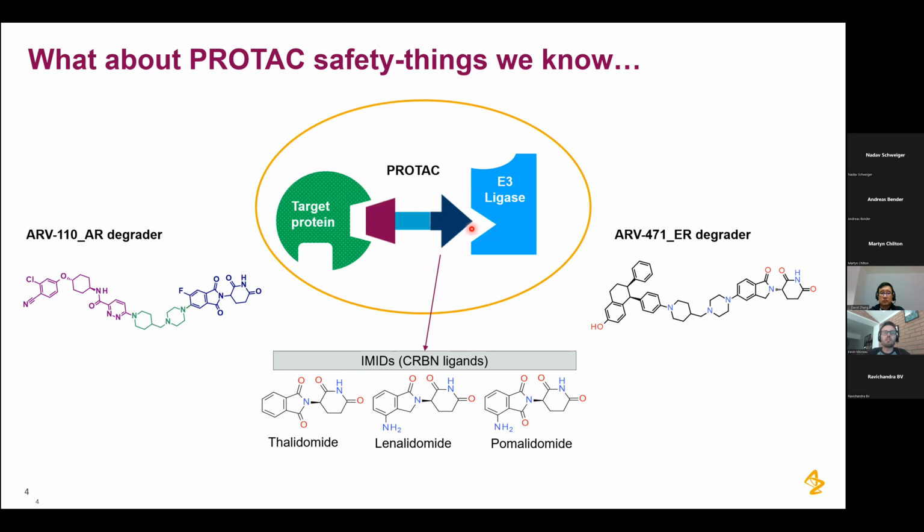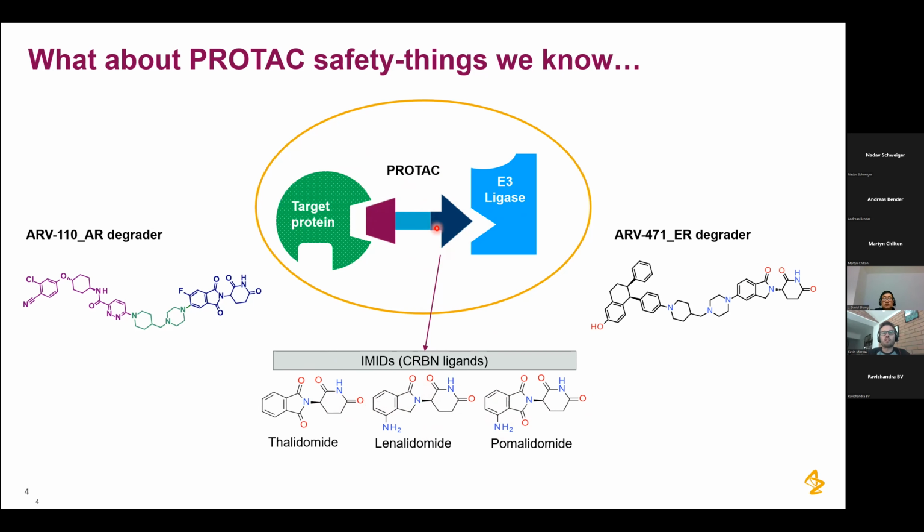If you look at the previous table, most of the compounds that are in clinics use the cereblon E3 ligase to induce this targeted degradation. They do that because they use small molecules that bind to cereblon via molecular glue mechanisms. These drugs are very well known in the field, starting with thalidomide here.